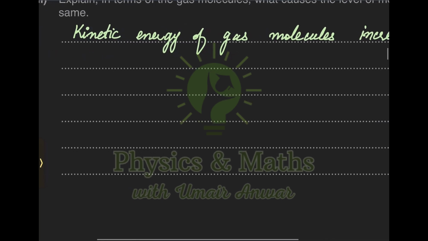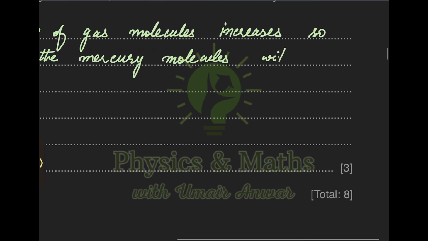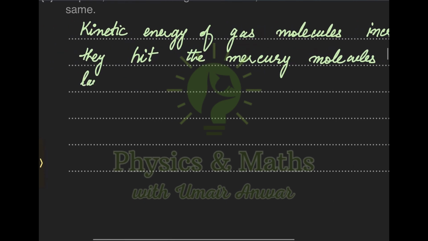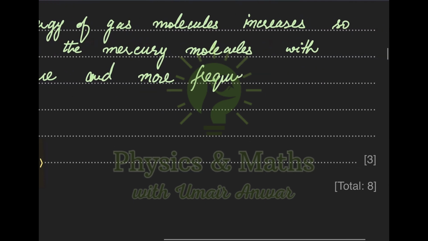So they hit the mercury molecules with larger force and more frequently. So the frequency of collision increases. Similarly, the force they were exerting will also be increased.